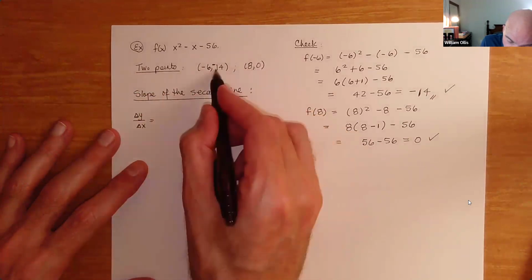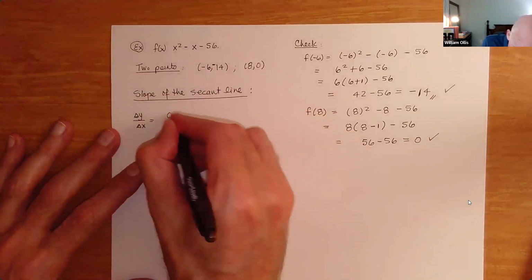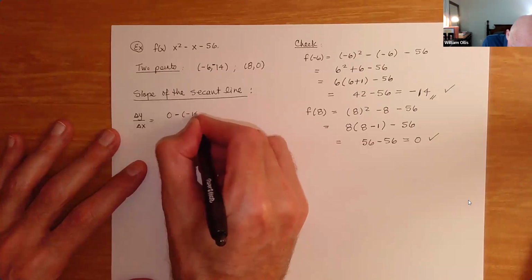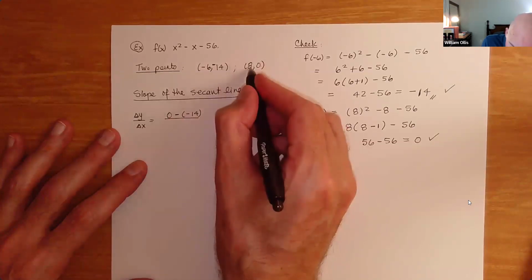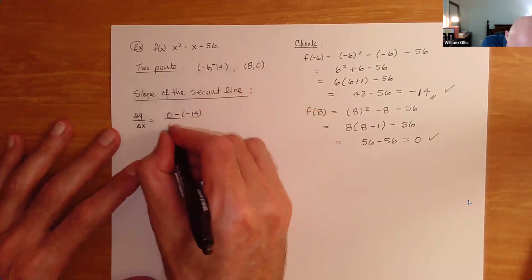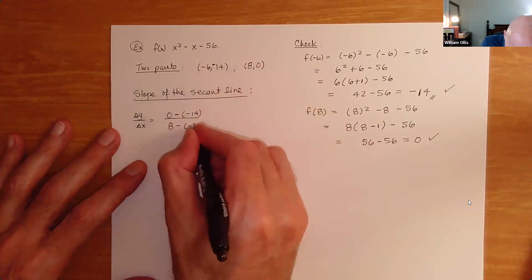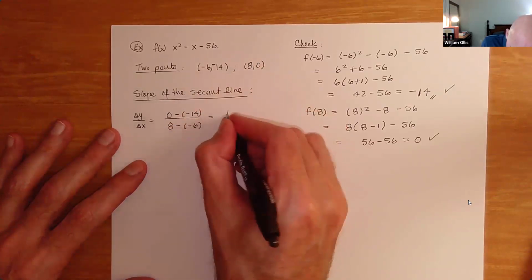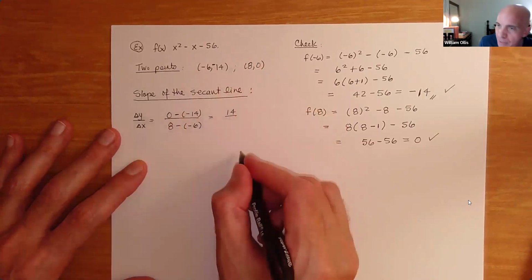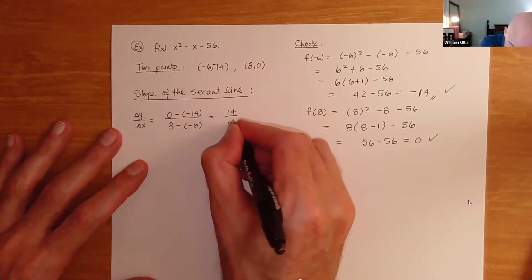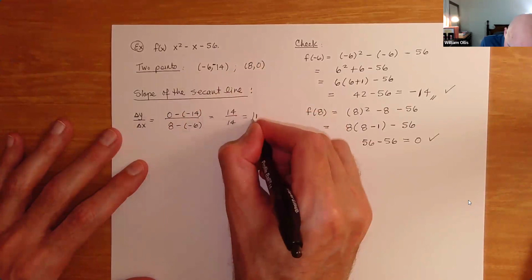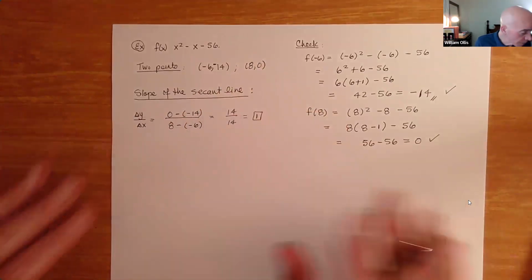We'll do 0 minus a negative 14, and then we'll do 8 minus a negative 6. So this will just give us 14, and of course, 8 plus 6 is 14. So these cancel to just give us a 1. So that's the slope of the secant.